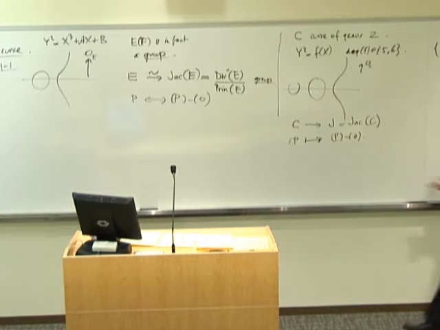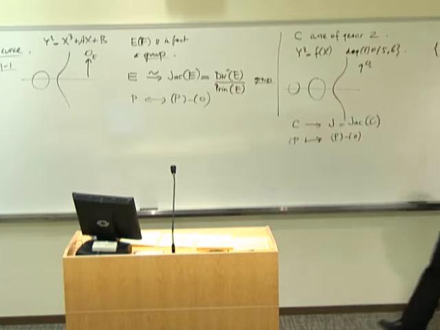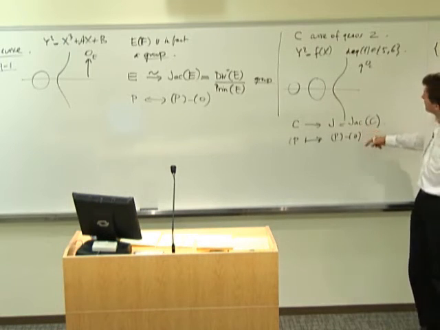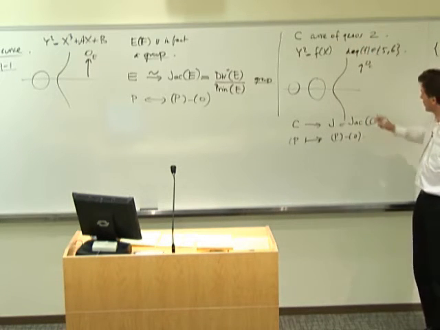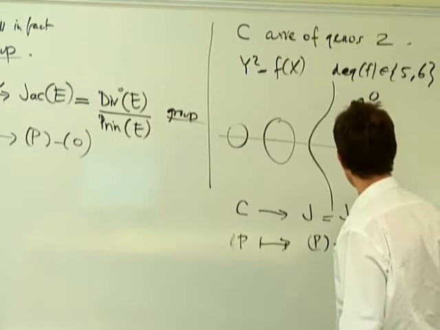From a cryptographic point of view, people tend to be interested in the Jacobian rather than in the curve itself. Its dimension is exactly the genus of the curve, so in this case it's a two-dimensional abelian variety, an abelian surface.